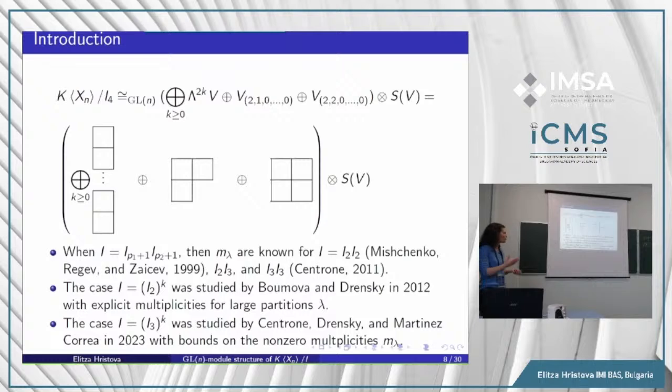What is also known, or at least partially known, and there are explicit multiplicities for one partitions, if we take k copies of I2 for arbitrary k. This case was also studied, and the case when we take k copies of I3 also has some known results, and we'll hear more about this probably in the next talk, but maybe from the point of view of the symmetric group again, not of GL_n like in our talk.